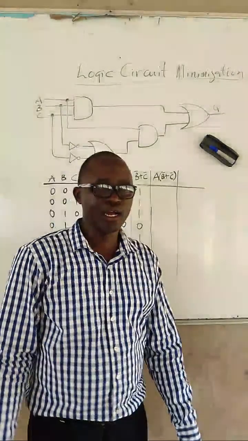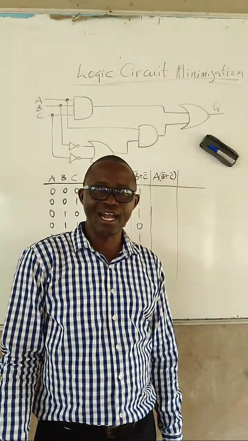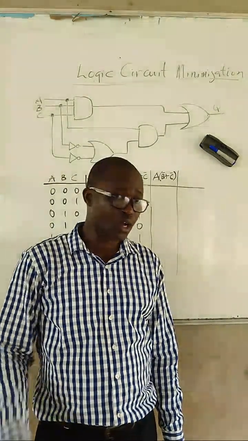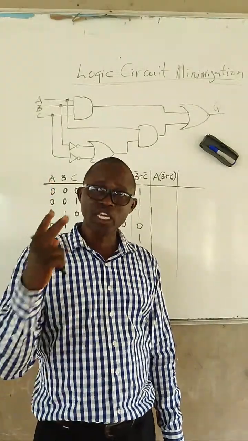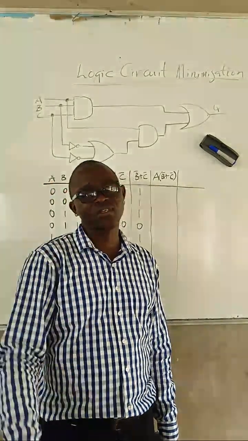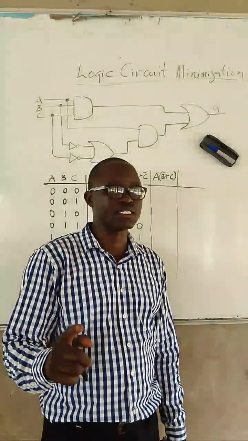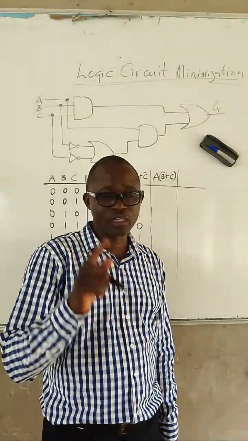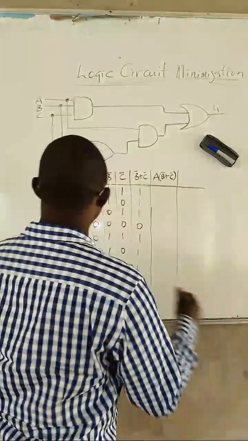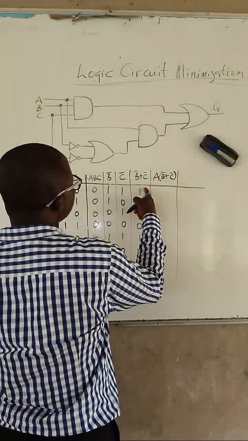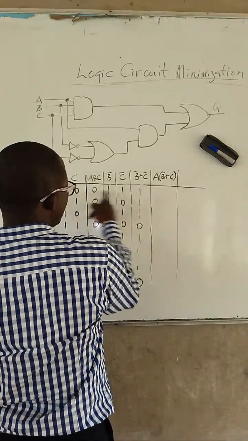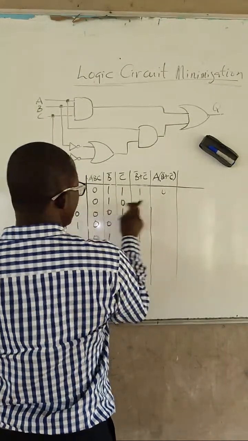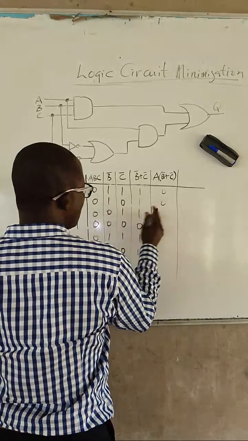Remember, for an AND gate to have an output of 1, both inputs must be 1. If only one is 1, then the output is going to be 0. And if both of them are 0, the output is going to be 0. So let's look at it. A and this column, that's what we are going to use. 0 and 1, 0. 0 and 1, 0. 0 and 1, 0.